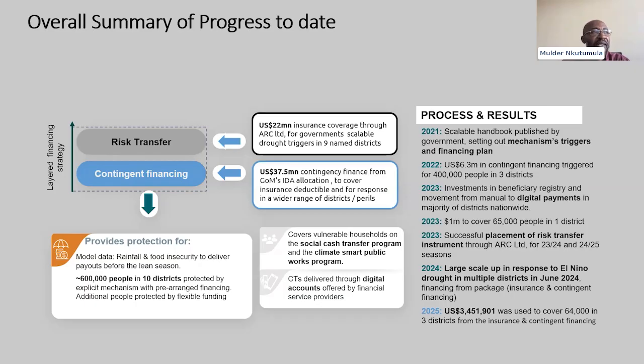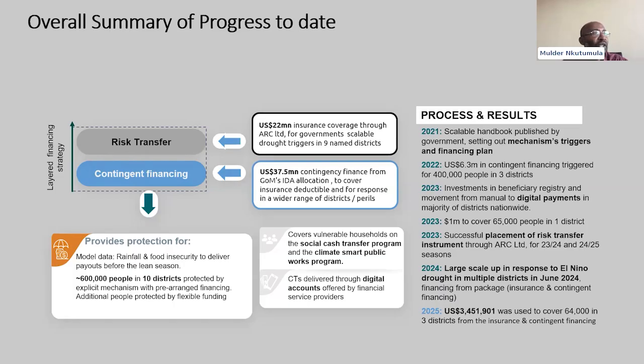So far, this is just a summary of 2025, for example. The resources that we have, the contingent finance from the government item, was around 37 million US dollars, while we also had resources from the Global Shield, around 22 million US dollars.